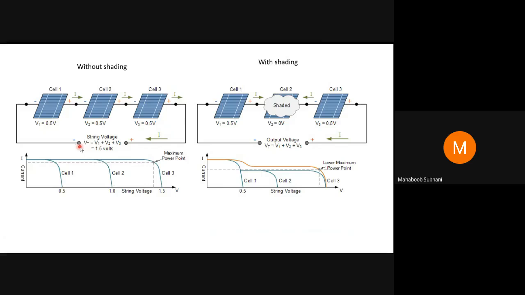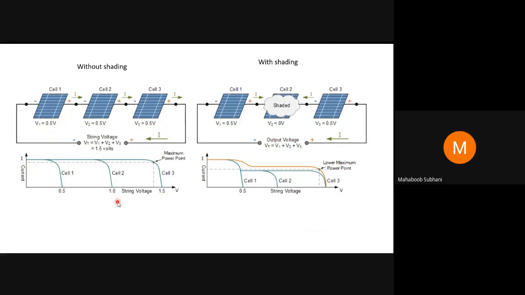I have told that each cell will generate the current of 4 amperes. So the total power generated with this connection is 1.5 into 4 amperes, which is eventually 6 watts of power generated from this circuit.